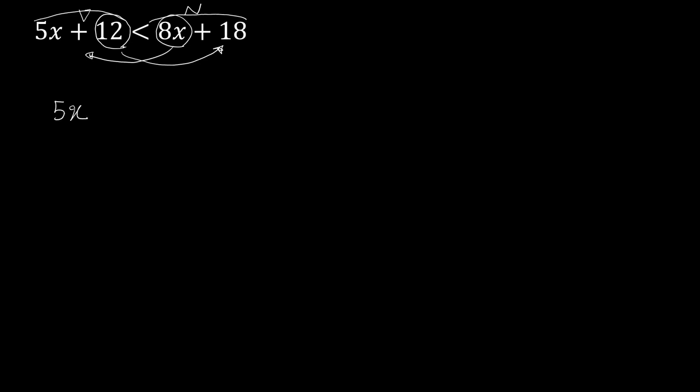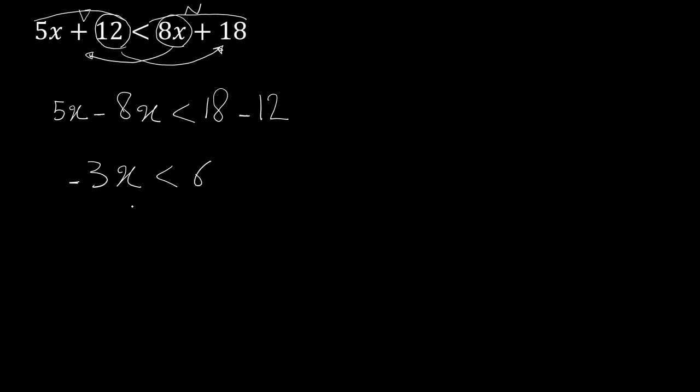If I bring 8x here, it will turn to minus 8x. I have to change the sign. Minus 8x is less than, it does not have equal, 18 is here and minus 12 because I must change the sign. So here I'm going to have minus 3x is less than 6.